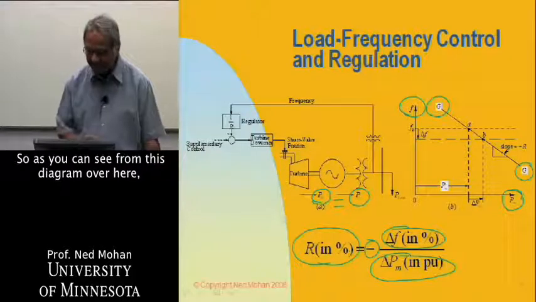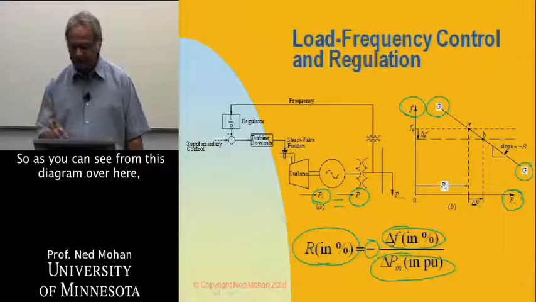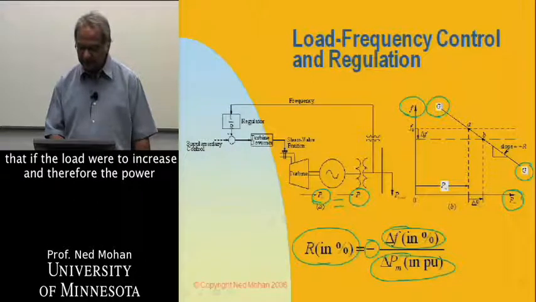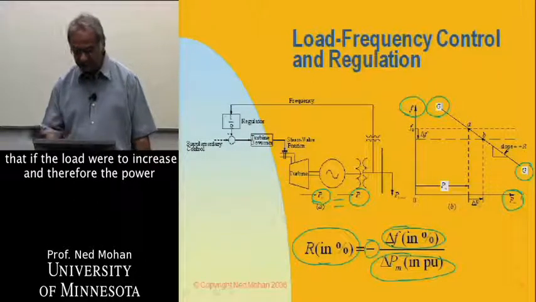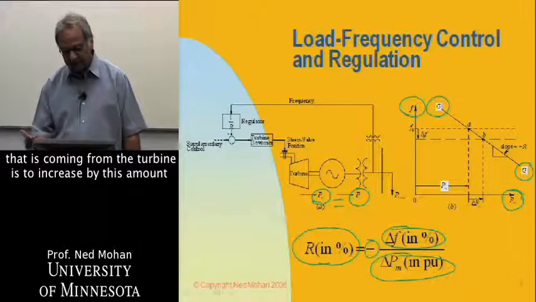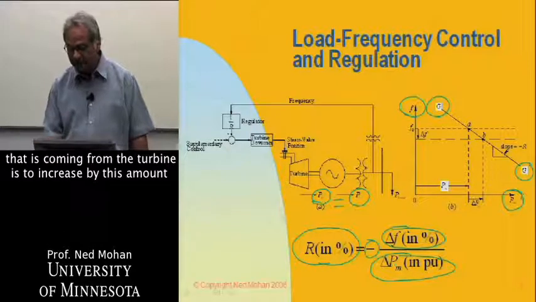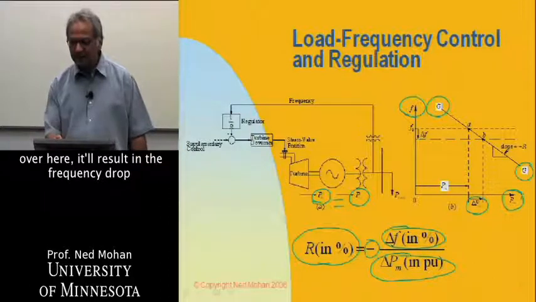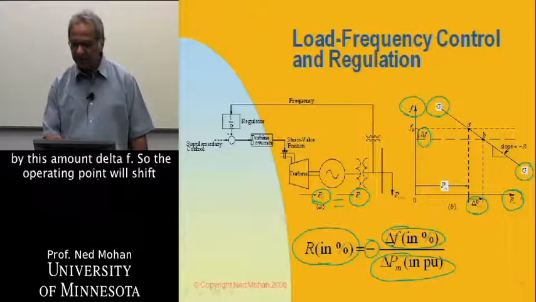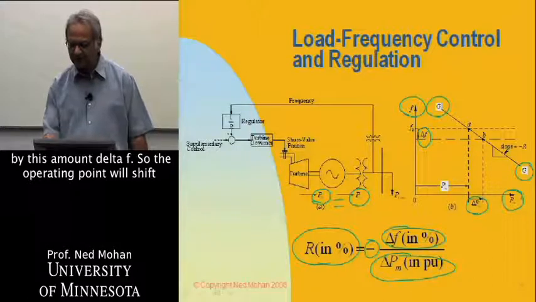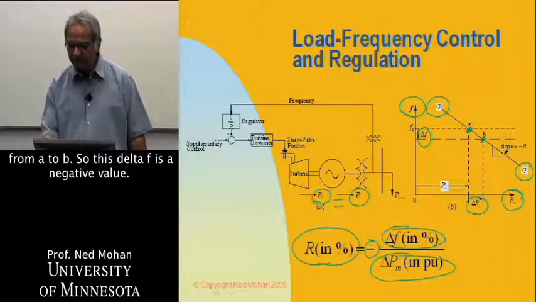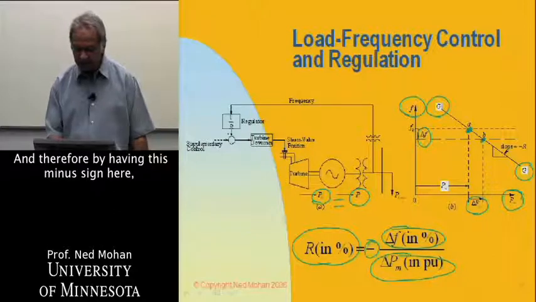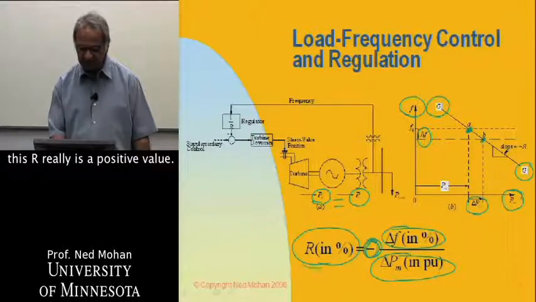As you can see from this diagram, if the load were to increase, and therefore the power coming from the turbine is to increase by this amount, it will result in the frequency dropping by this amount delta F. So the operating point would shift from A to B.